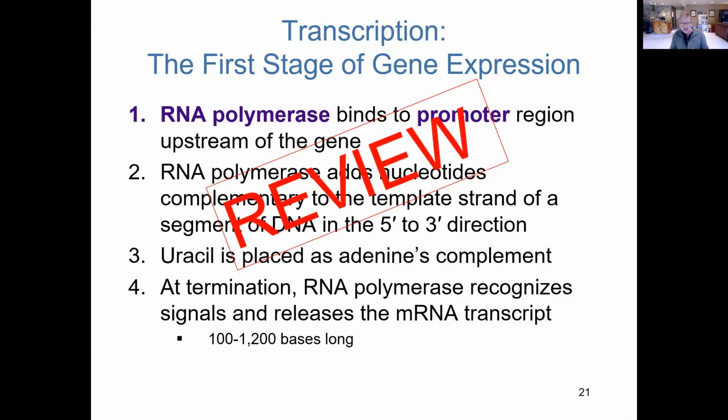And one of the first things that happens is the RNA polymerase is going to break the hydrogen bonds between the nitrogenous bases in the very center of the double helix of the DNA. And then one of the two DNA strands is going to act as a template or a mold for the formation of the messenger RNA.